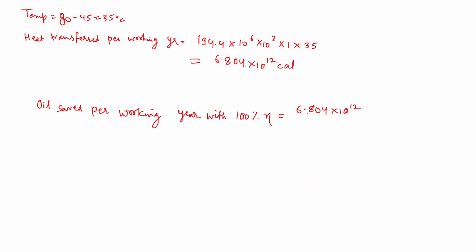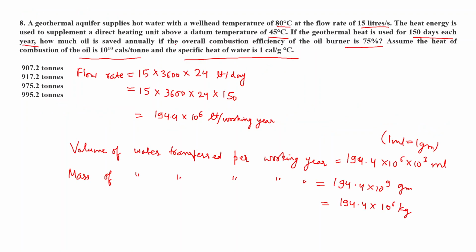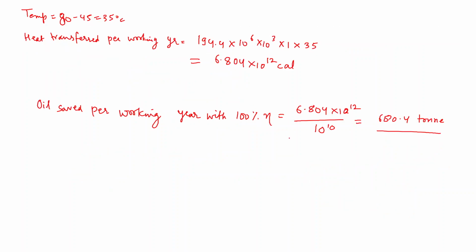So this amount of oil will be used for the generation of heat to heat this heating system from 45 to 80 degrees C for 150 days.